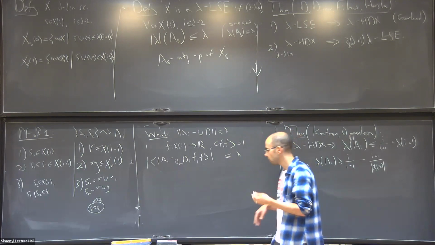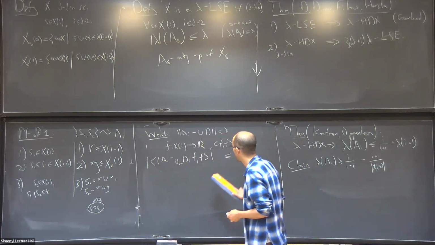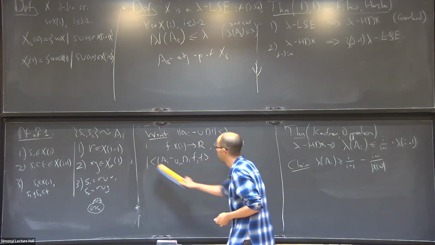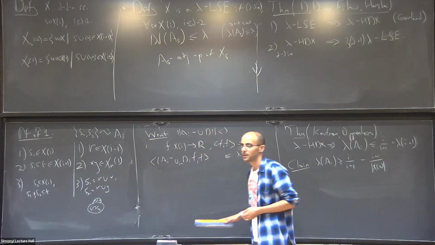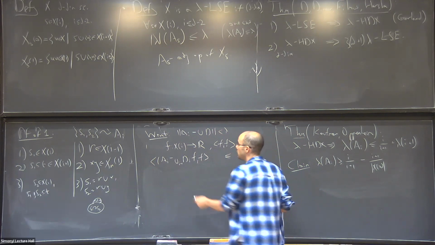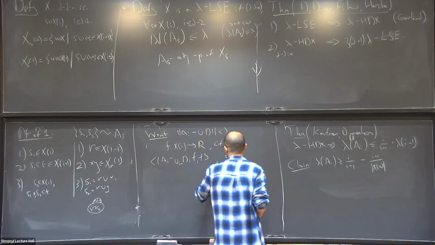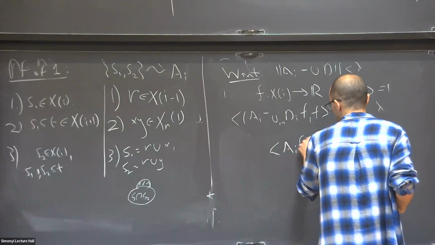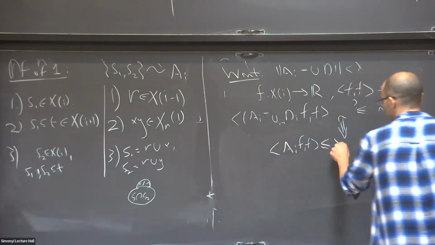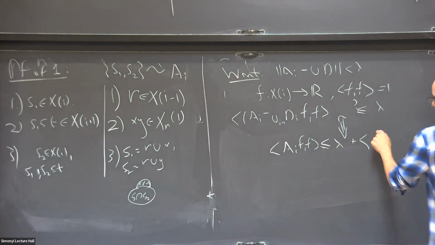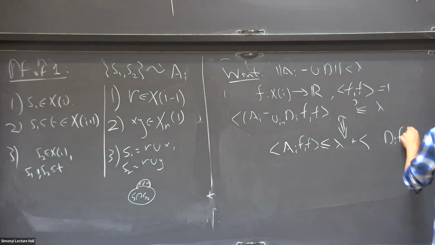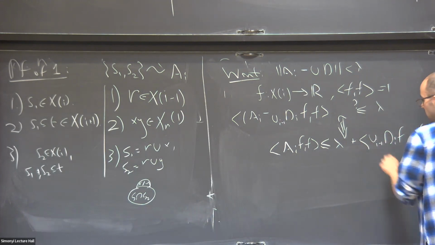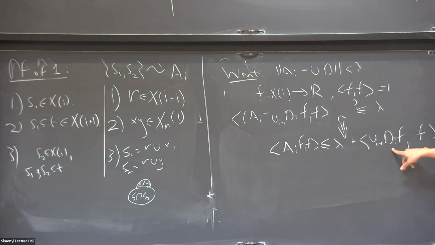I'm not going to do both sides because they are similar, so I will do this without the absolute value, which is the same as showing that the inner product of A_i f with f is less than or equal to lambda plus the inner product of U_{i-1} D_i f with f.